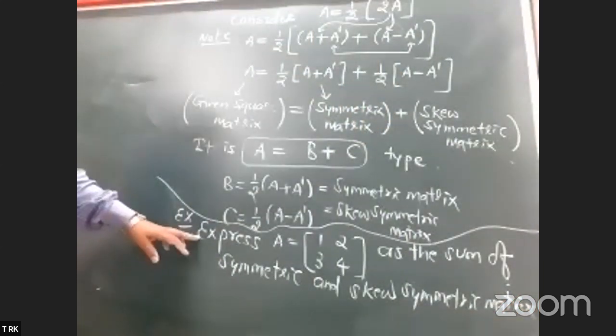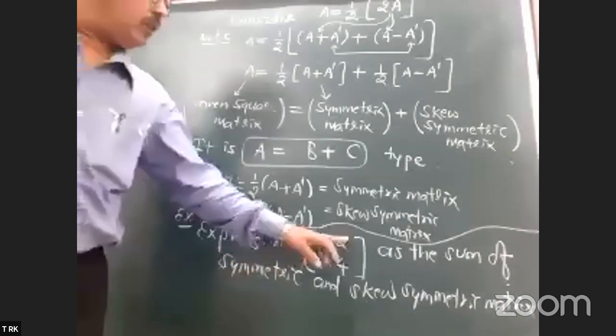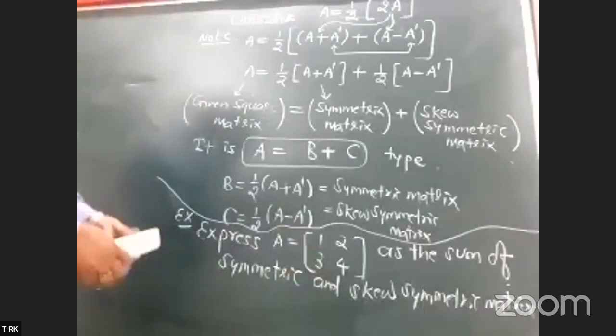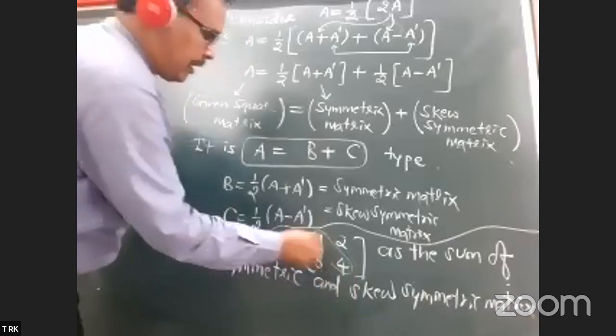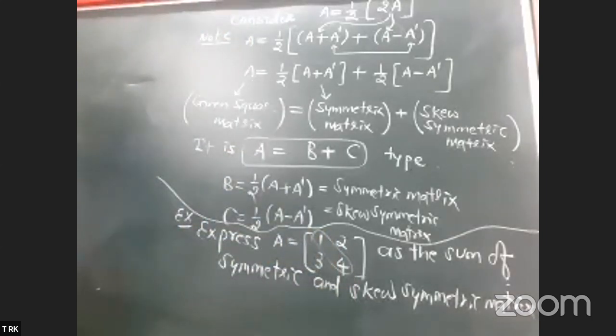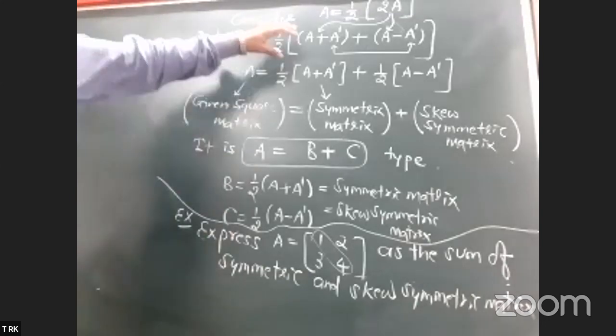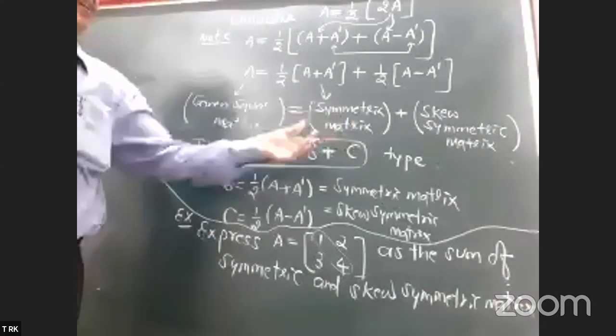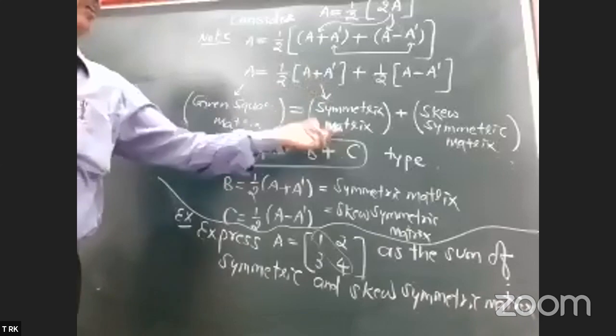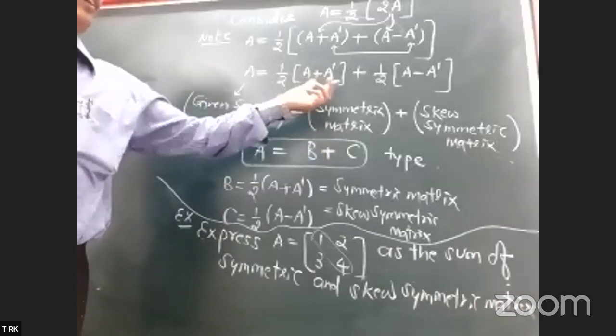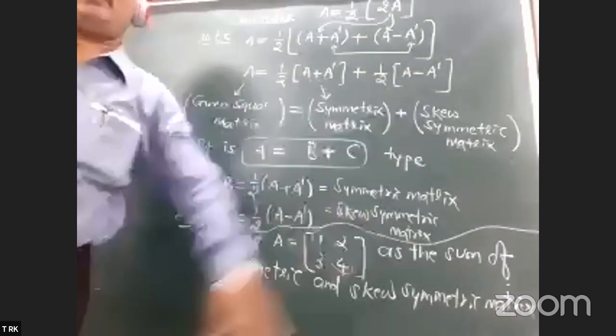Use the same concept here: the symmetric matrix is 1 by 2 into A plus A dash, and the skew symmetric matrix is 1 by 2 into A minus A dash.